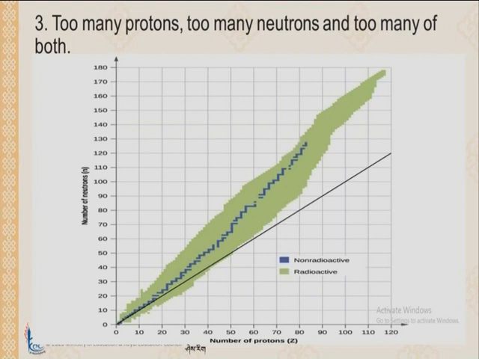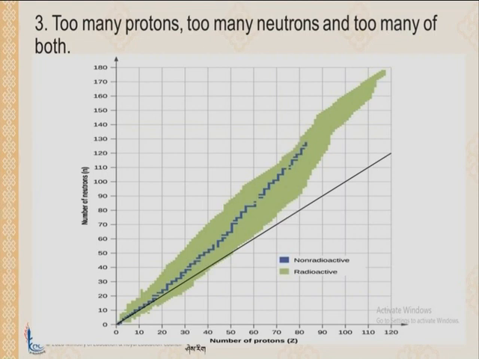Color blue represents non-radioactive. So, that means in that region elements will be stable. Now, once you go beyond this blue strip, you can see the green color. So, green color represents radioactive. That means the elements present in this region are not stable.